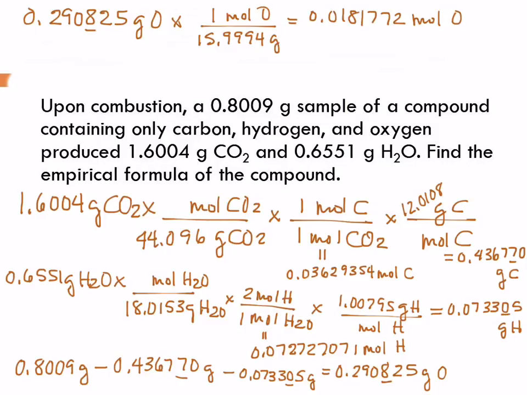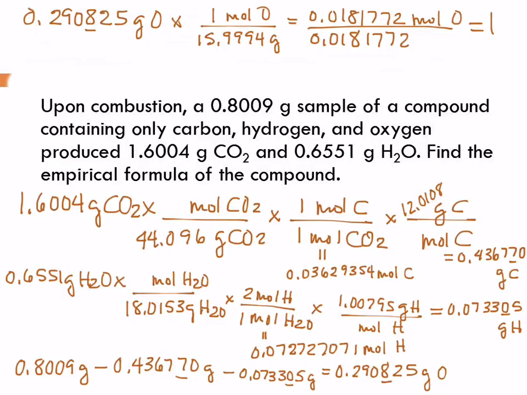Now what do we need to do? We need to find the smallest number of moles and divide all of them by the smallest. We're trying to get whole number ratios. So I've got 0.07, I've got 0.03, and 0.01. 0.01 is the smallest. So this one ends up being 1.